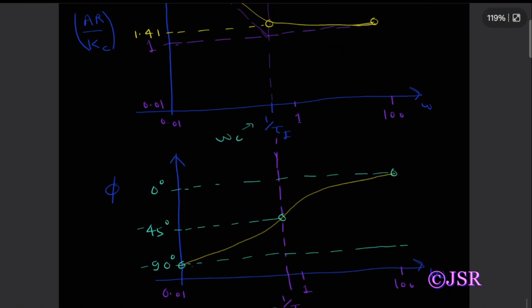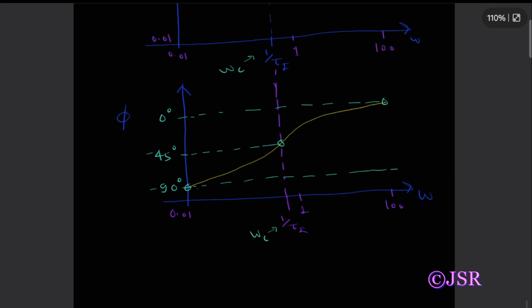So this is the phase plot for the PI controller. So this is the Bode plot of the PI controller.